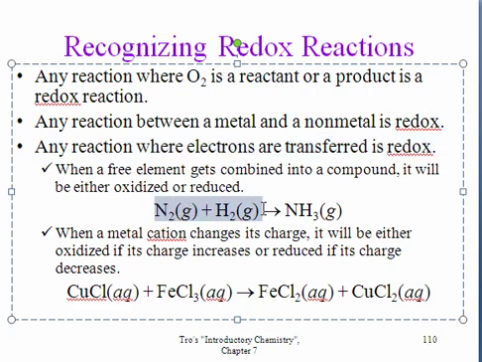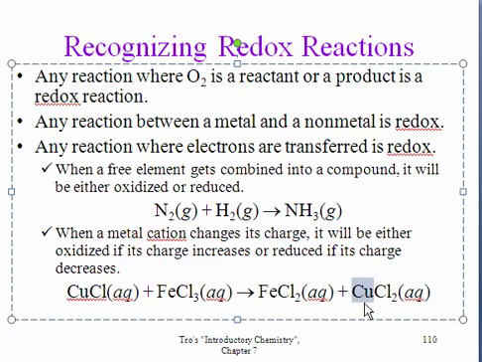Whenever an element reacts to form a compound, or any time an element is formed in a reaction, that is a redox reaction. So this would be a redox reaction. Also, if charges change. On this side of our equation, copper has a +1 charge. On this side, it has a +2.